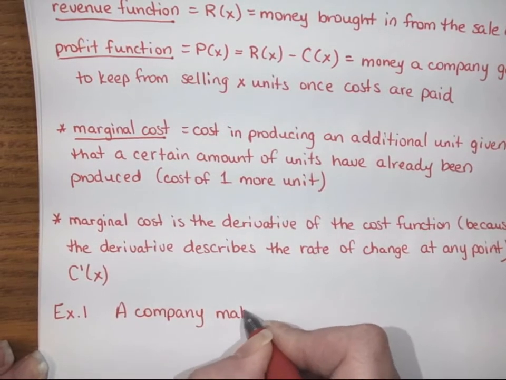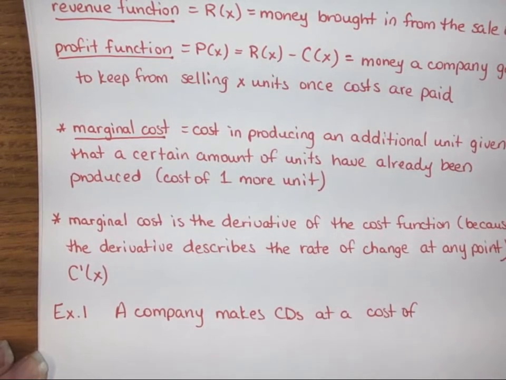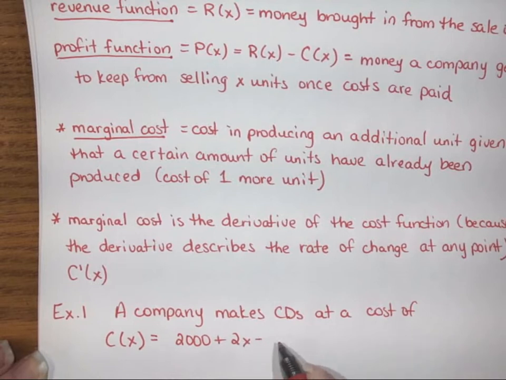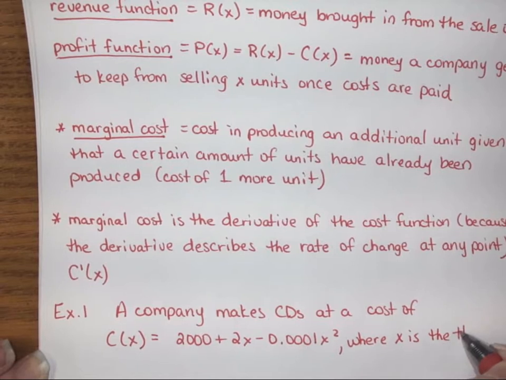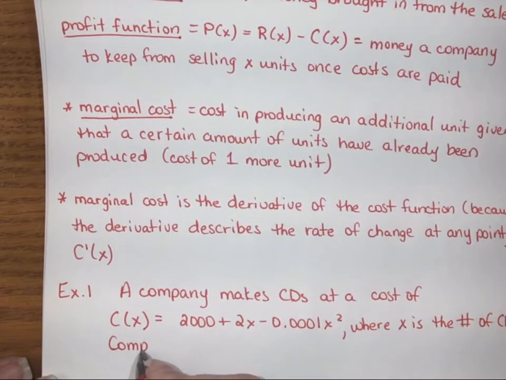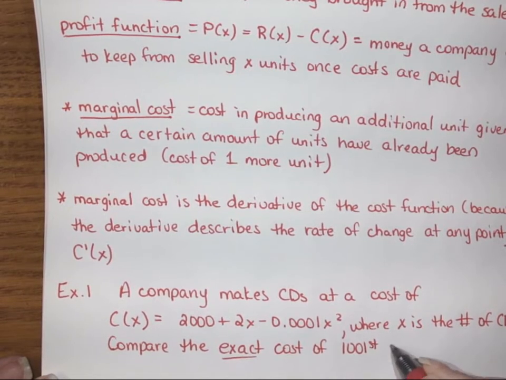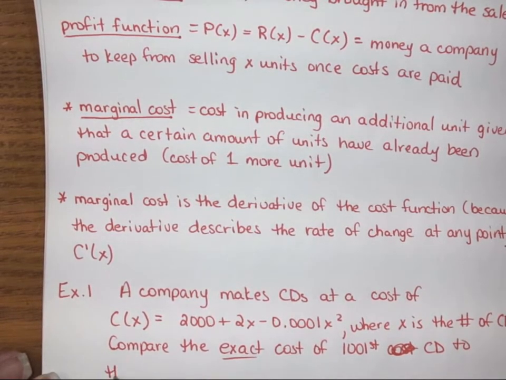So let's say that a company makes CDs at a cost of $2,000 plus 2x minus 0.0001x squared, where x is the number of CDs, and what I want you to do is I want you to compare the exact cost of the 1,001st CD to the marginal cost at that level.